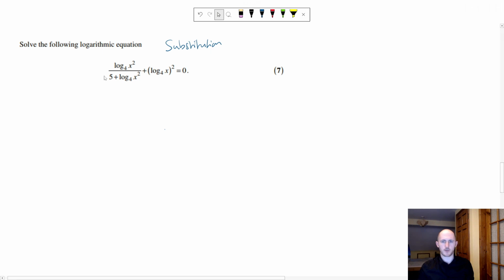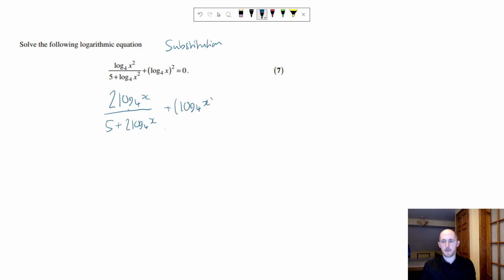If we start with this question here, the first thing I notice is I can move this 2 to the front by using the power rule. So that's going to be 2 log 4 x over 5 plus 2 log 4x plus, I'm going to keep that in brackets, because remember, when it's in brackets, this is not the same as this.